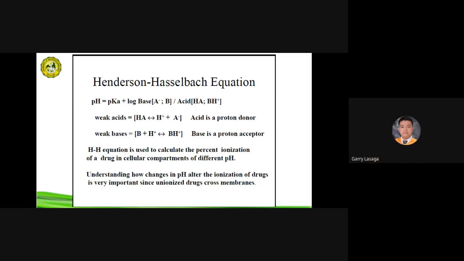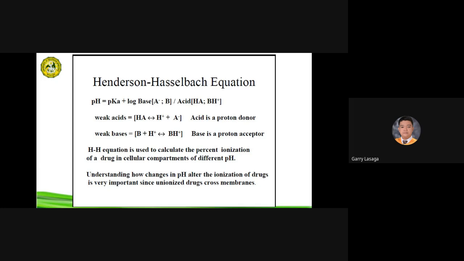So therefore, when we are going to place a drug in different environments, that could affect the percent ionization of that particular drug. So for example, when we are going to place an acidic drug in the stomach, the absorption or the percent ionization of that particular drug will differ when we are going to place that in the intestine, in the blood, or in the milk.